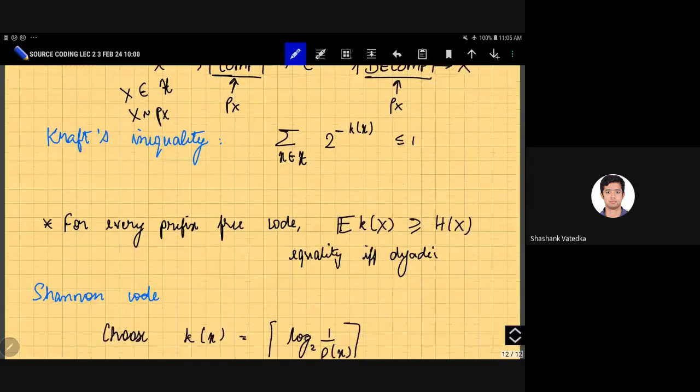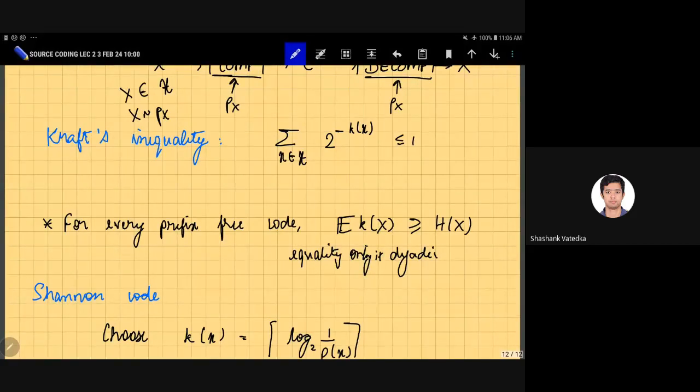Right? And in the last class, we also saw that given any variable length prefix-free code, the expected length of this code must always be greater than or equal to the entropy. And equality happens only if the PMF is dyadic. Right?